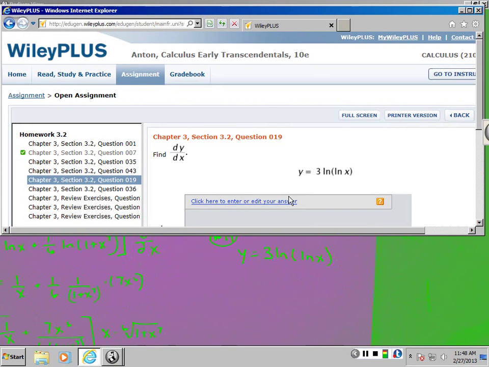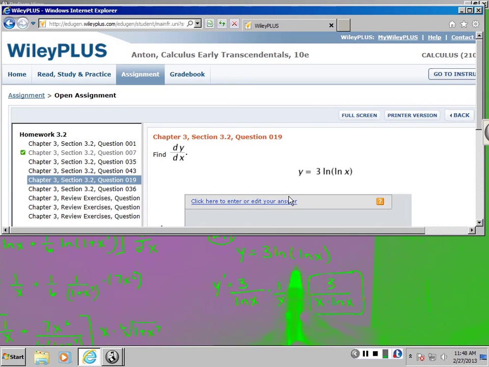So it's the derivative of the outside, evaluated at the inside, times the derivative of the inside. So y prime is going to be 3 over ln of x, right, times 1 over x. So that's 3 over x times ln of x. Do you guys see that?